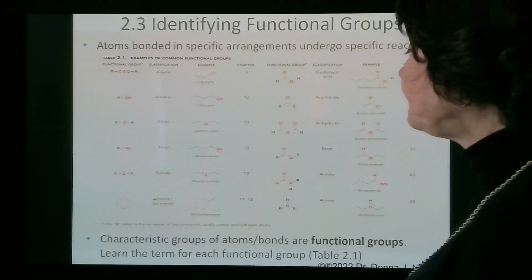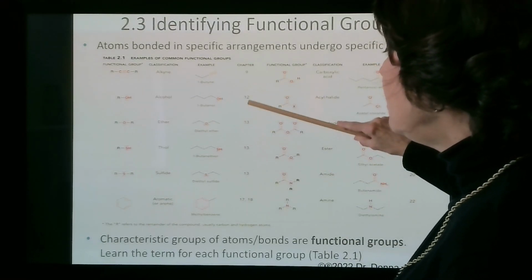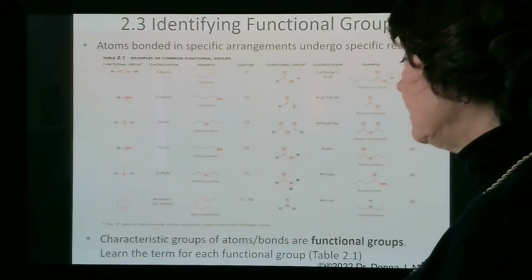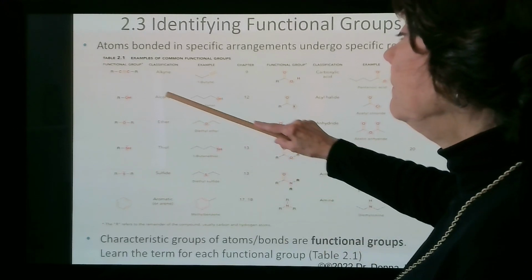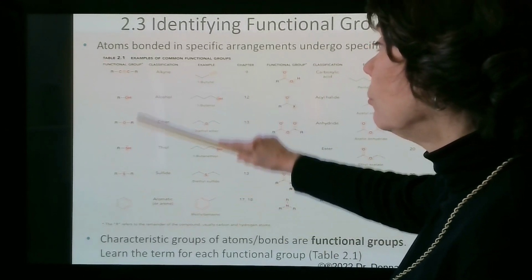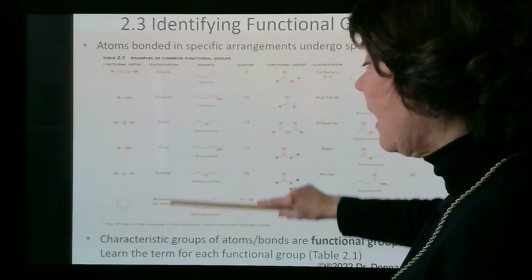So you will get through 9, 12, and possibly 13 in Org 1, which is what this class is. But it's still a good idea for you to learn these functional groups and what classification they belong to.